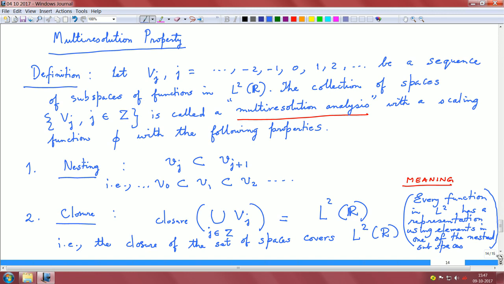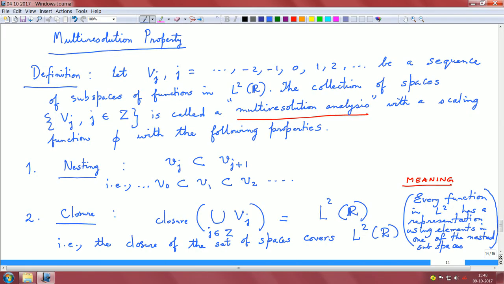So let us just recall, one is the nesting property, that is, you have a sequence of subspaces that are nested. Then there is closure, that means every function in L2 has a representation using elements in one of the nested subspaces. This is akin to saying, for example, if you think about any square integrable function, I can think about having a Fourier basis for that, provided it satisfies certain conditions.